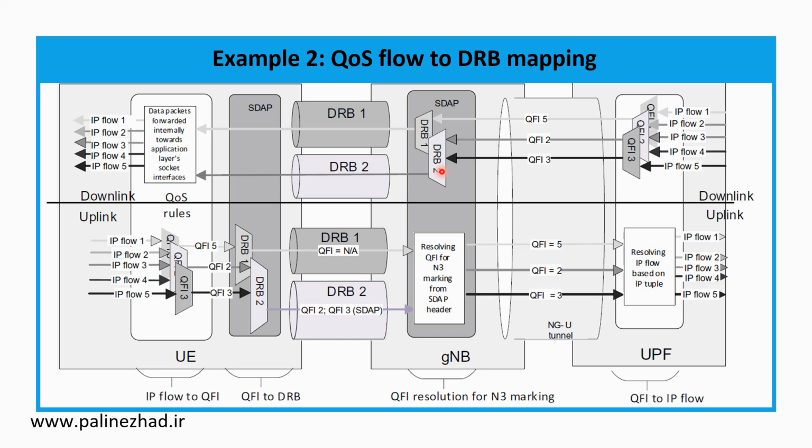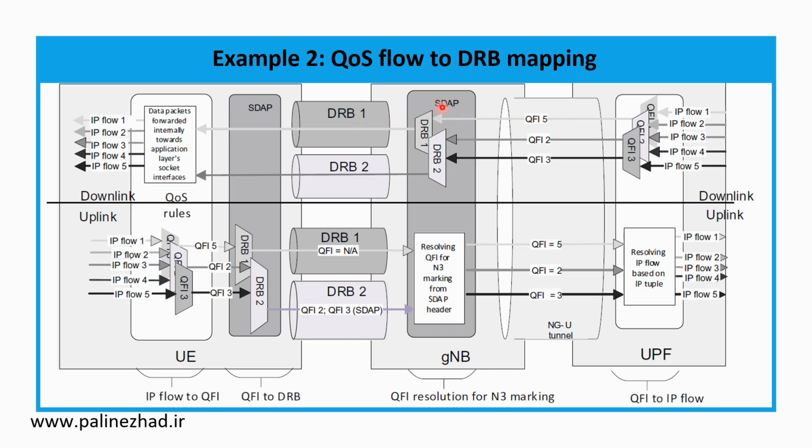And here, if we have more than one flow mapped to a DRB, we need the SDAP layer for multiplexing. But for QFI1, because there is no multiplexing and there is a one-to-one relation, there's no need for a SDAP layer. And here also note that if reflective QoS is enabled for that flow, then again a SDAP layer is required.